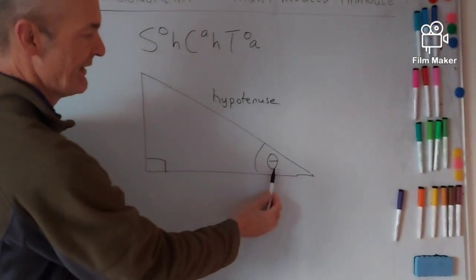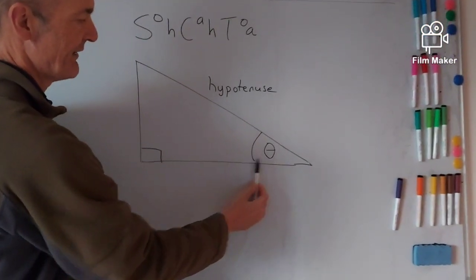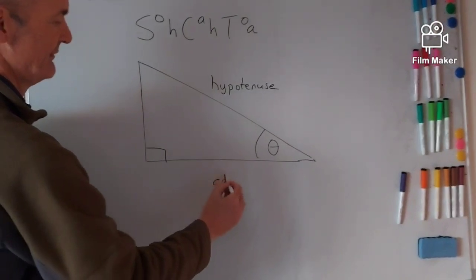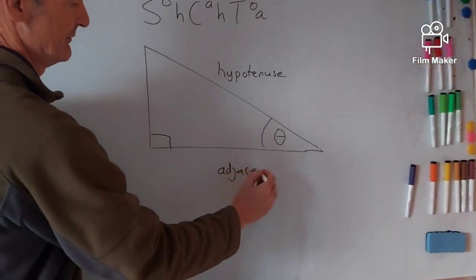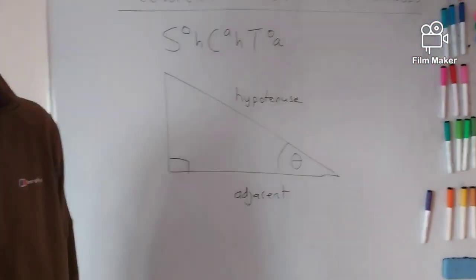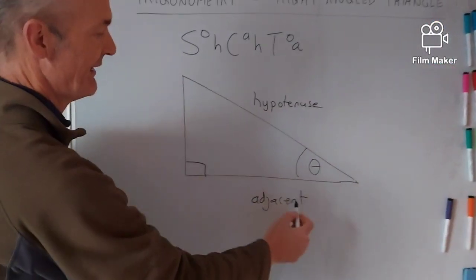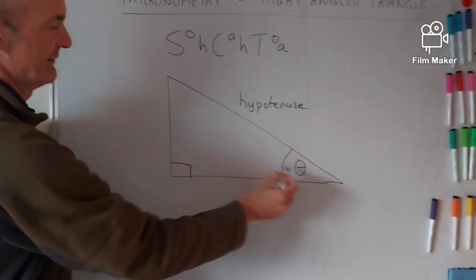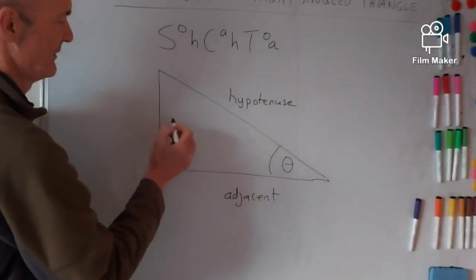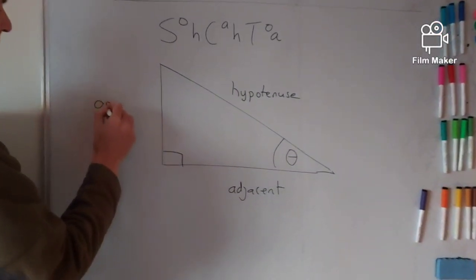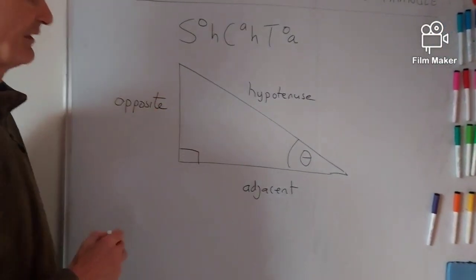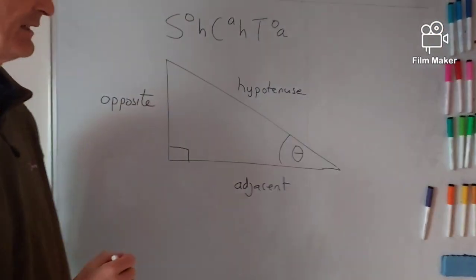Now the side next to the angle is the adjacent. Adjacent basically means next to, and it's next to the angle. Over here, opposite the angle, we have the opposite. So that's how we label a triangle.